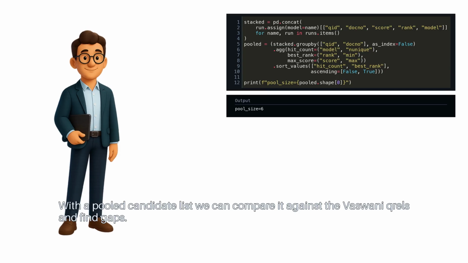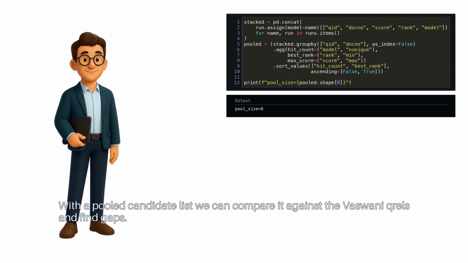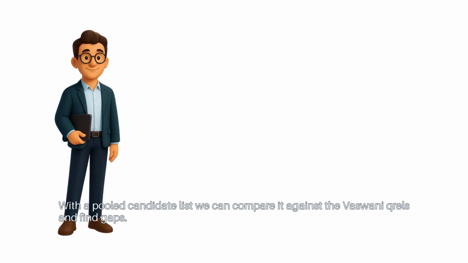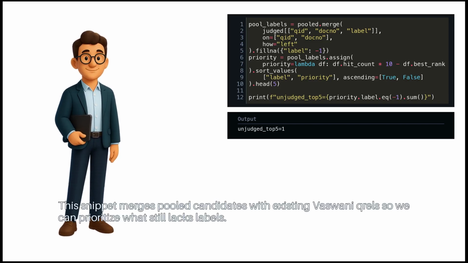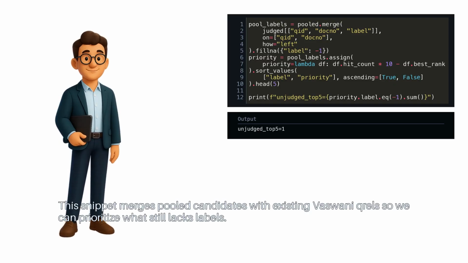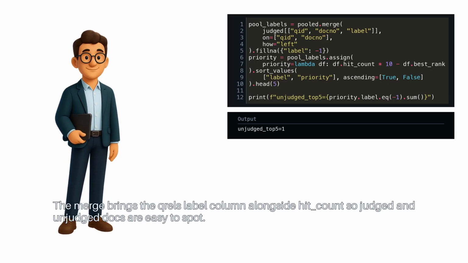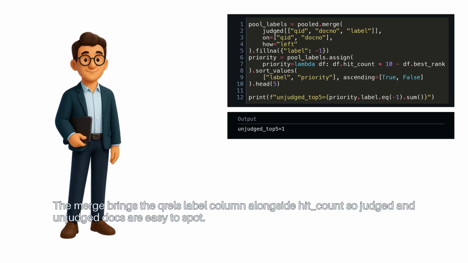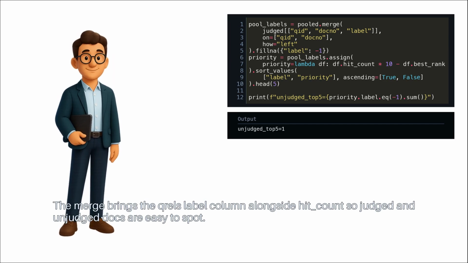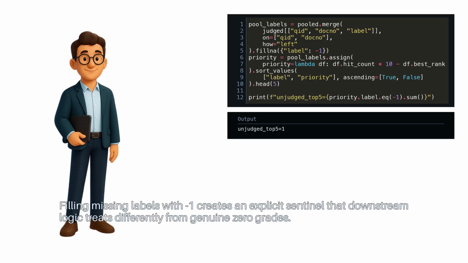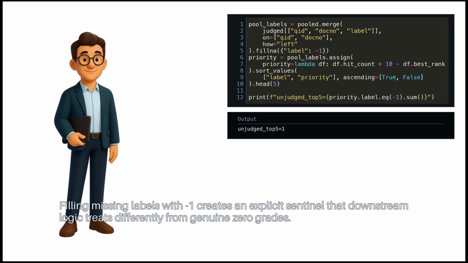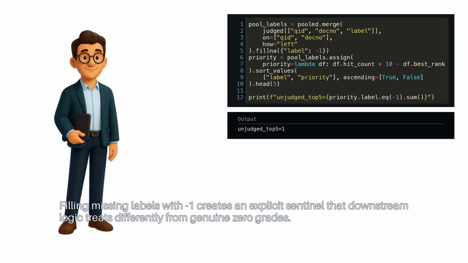With a pooled candidate list, we can compare it against the Vaswani Qrels and find gaps. This snippet merges pooled candidates with existing Vaswani Qrels, so we can prioritize what still lacks labels. The merge brings the Qrels label column alongside hit count, so judged and unjudged docs are easy to spot. Filling missing labels with -1 creates an explicit sentinel that downstream logic treats differently from genuine 0 grades.